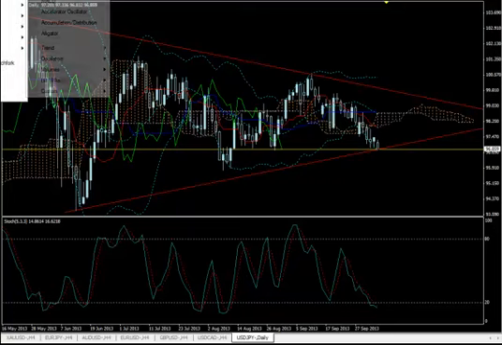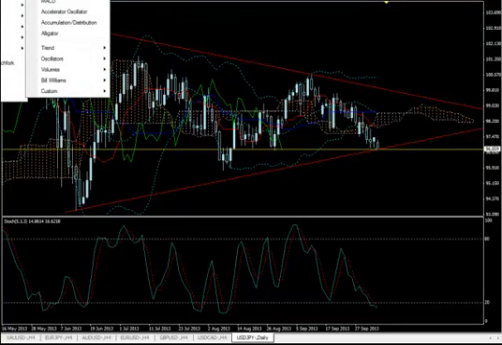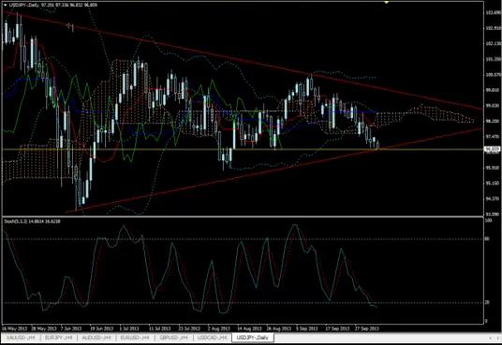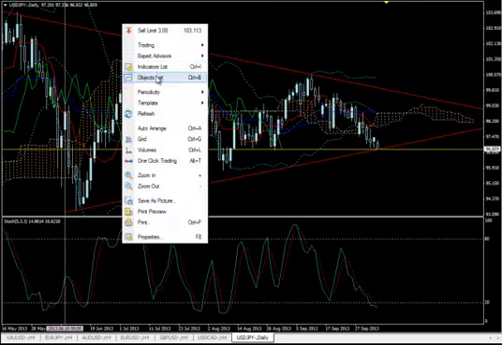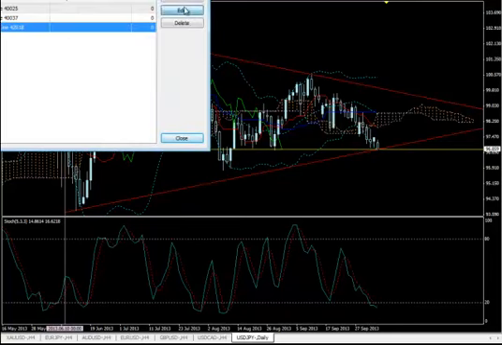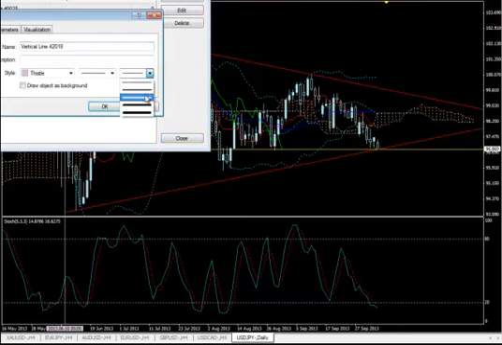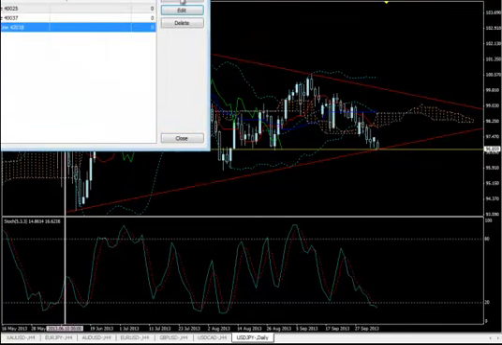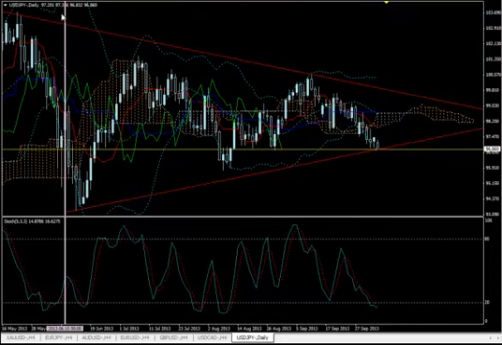Let me insert a vertical line. The vertical line will go somewhere here. Let's be conservative, okay? So I'm going to put this here, and I'm going to make it thicker. Let me put letters here for you.